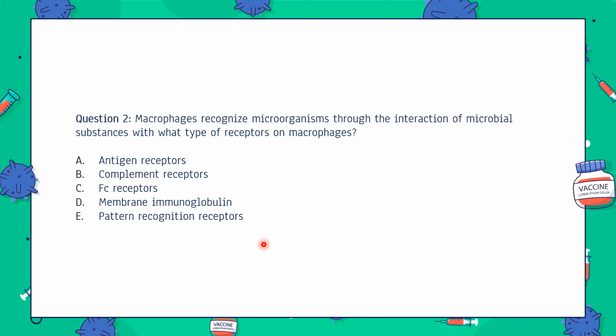So it's very confusing. But the question says they recognize the microorganisms themselves. So they're not recognizing another type of immunoglobulin, so that removes C and D. And they're not recognizing another type of protein, so that removes A and B. And that just leaves us with E, which is a pattern recognition receptor.